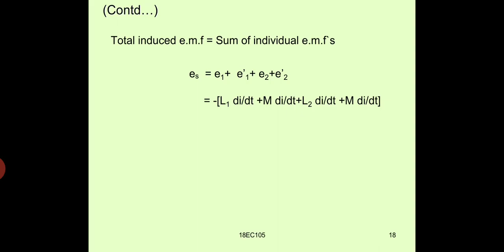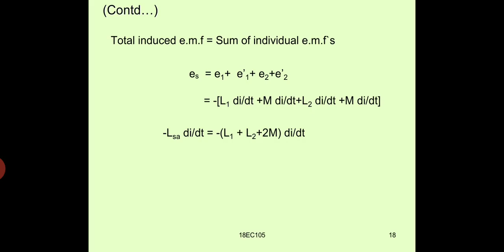If you substitute the expressions for each, we get minus L1 into di by dt minus M into di by dt minus L2 into di by dt minus M into di by dt. So M into di by dt is common for both. If you further transform, you get minus LSA into di by dt equal to minus (L1 plus L2 plus 2M) into di by dt. So di by dt gets cancelled out.